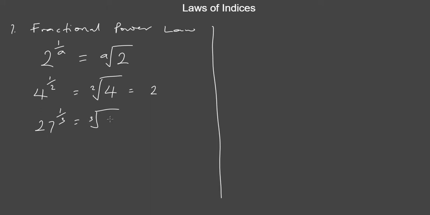cube root of 27. So cube root means what number will you multiply 3 times that will give you 27. If I ask what is cube root, I'm asking what number multiplied by itself 3 times will give you 27. If you multiply 3 by itself 3 times, 3 times 3 is 9, and 9 times 3 is 27.